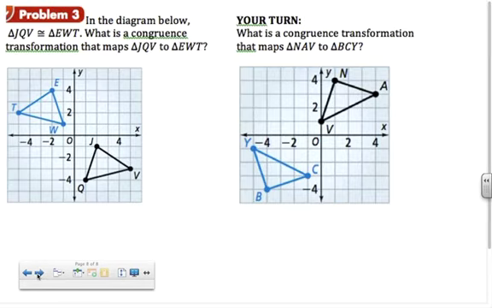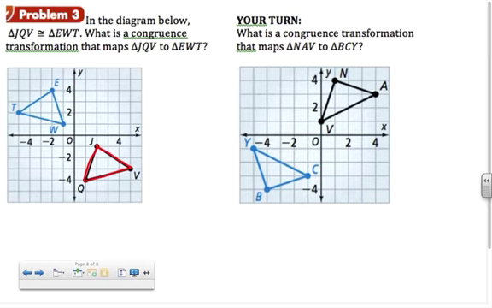Finally, how do I come up with a congruence transformation? How do I figure out how I got from point A to point B? In this first one, problem 3, I'm trying to map triangle JQV, this guy, to triangle EWT. So as I told you all, tracing paper, tracing paper, tracing paper.